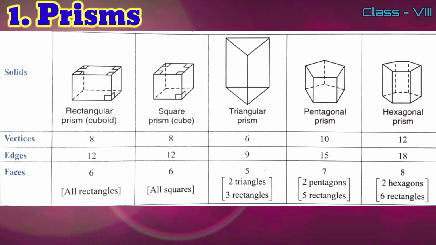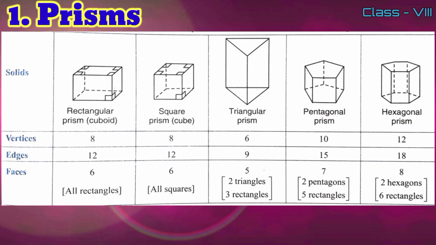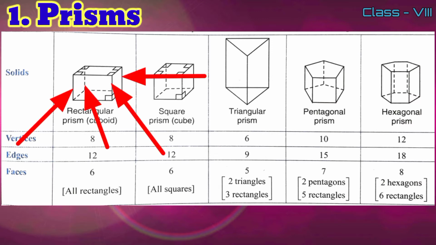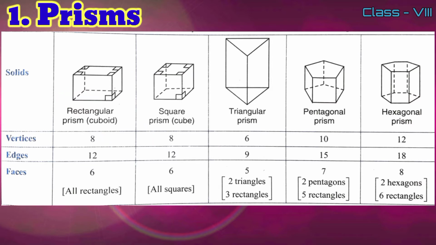If you observe the examples very carefully, you can see the base and the top are two congruent rectangles, and they are connected by the heights. There are four heights, so these two congruent figures are connected with the heights. So it is one kind of prism. Since the congruent faces are rectangles, it is called a rectangular prism, and similarly for the other examples.